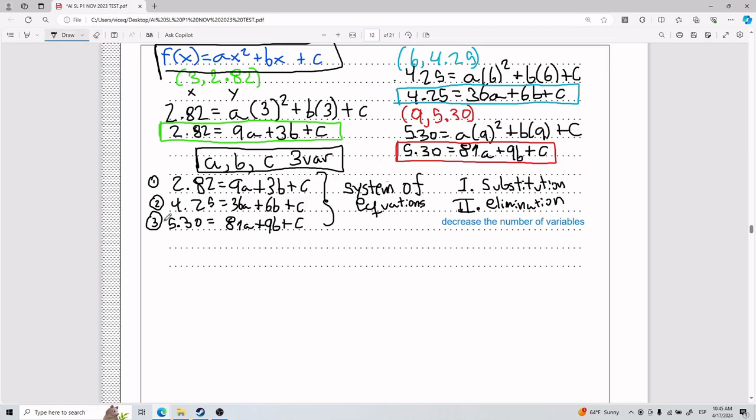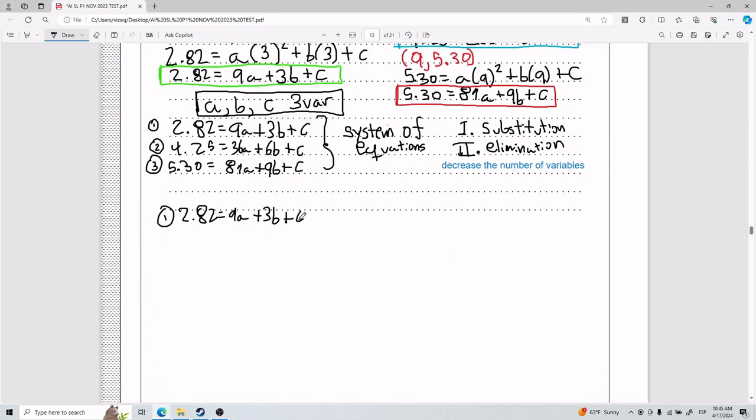So, for example, with this first one, what I can do is end up with c equals something, okay? Let me rewrite the first one. The first one is 2.82 equals 9a plus 3b plus c.